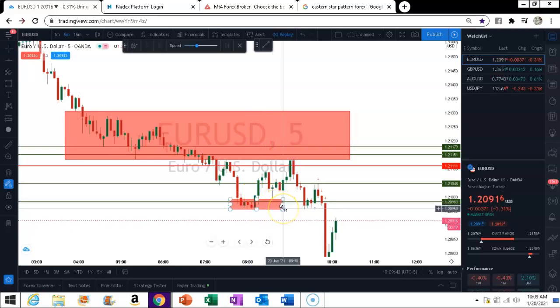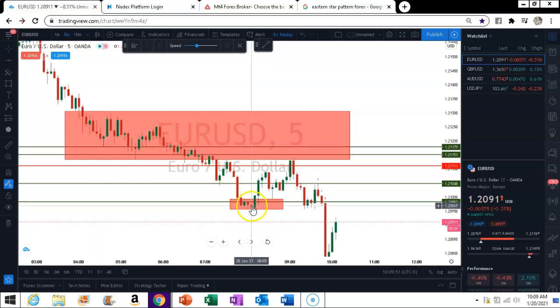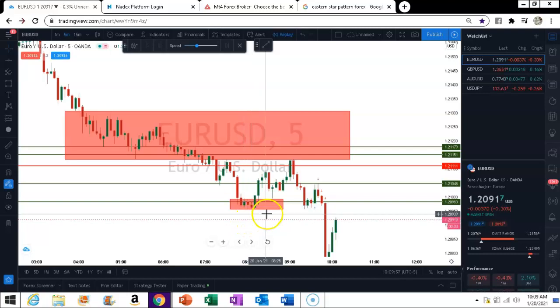I am going to, because this is another little tiny range. It ranged just like this one did. It ranged small right here. So what I do is I do me another limit, but it will be a buy limit.